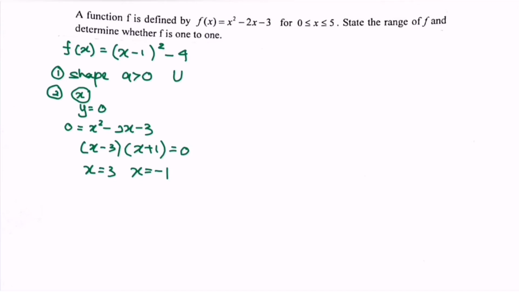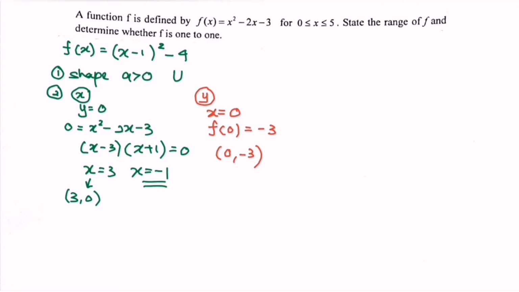Kindly refer to the domain 0 until 5, so x equals negative 1 is not valid or not included. Here we have the point 3, 0. Next, focus on the y-intercept, when x equals 0. Substituting, f(0) equals negative 3, so we have the point 0, negative 3, which is the y-intercept.